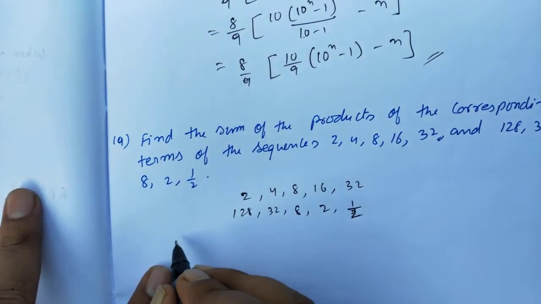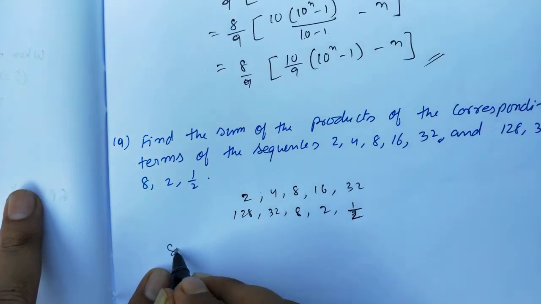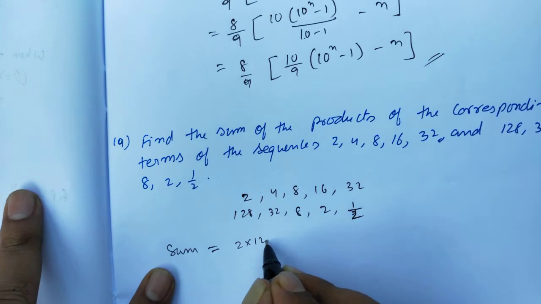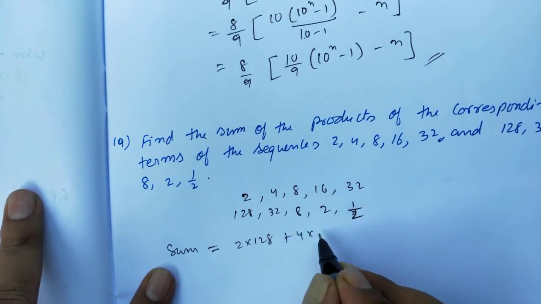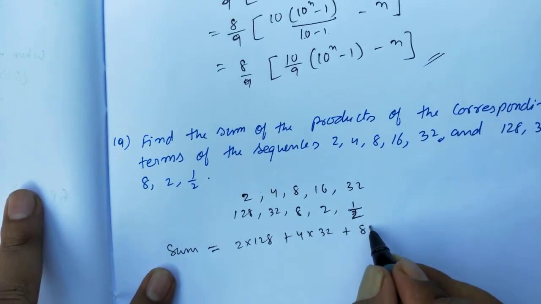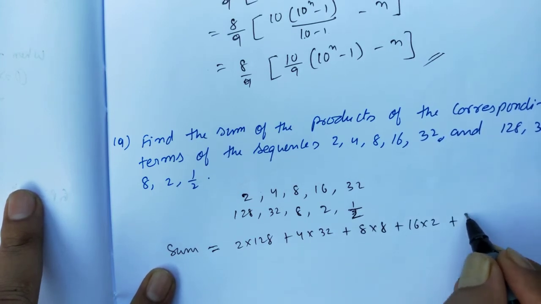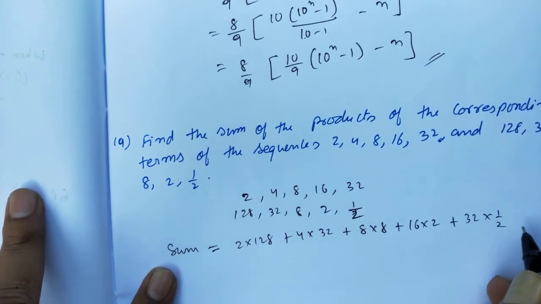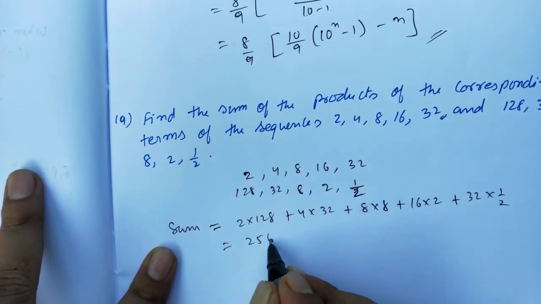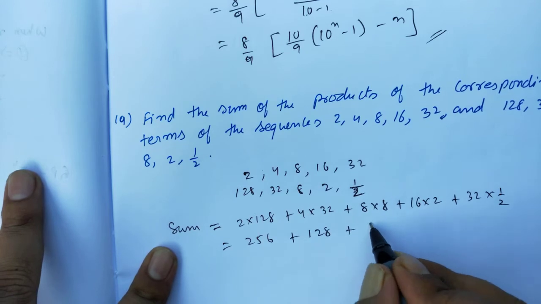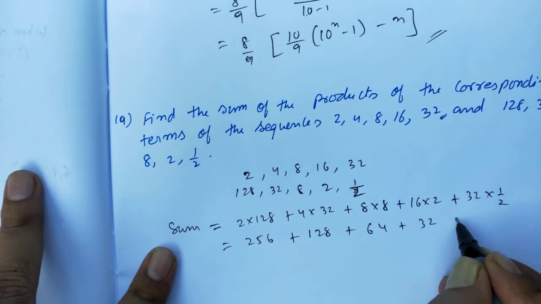So you have to find the product. Multiply these two and add. 2 into 128 plus 4 into 32 plus 8 into 8 plus 16 into 2 plus 32 into half. So you'll get 256 plus 128 plus 64 plus 32 plus 16.